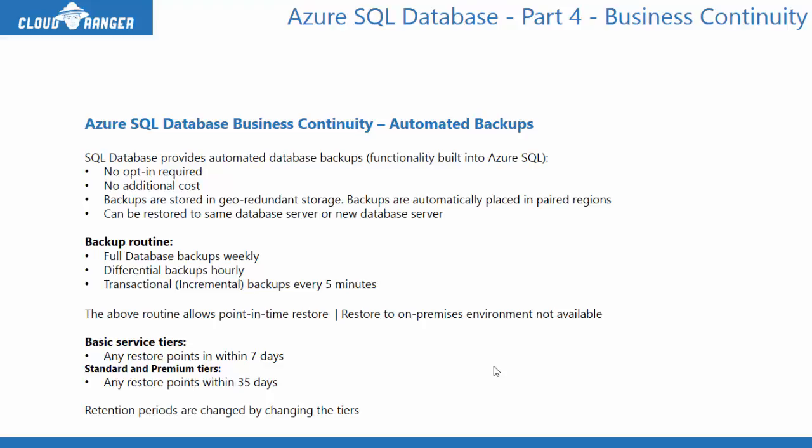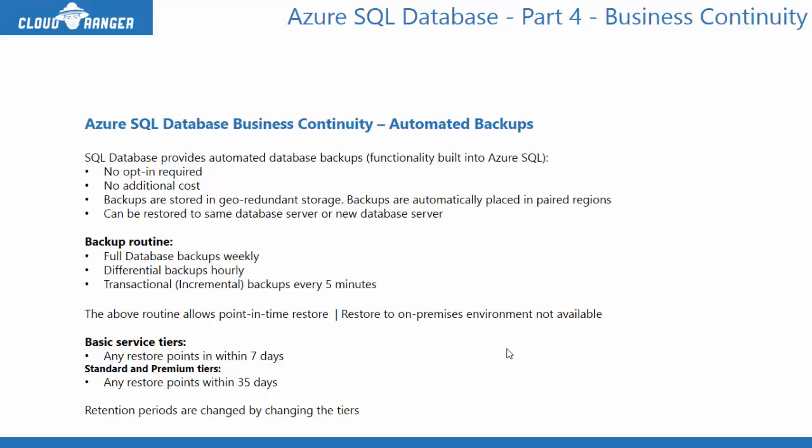As soon as you create your database, you don't have to opt in, right? Within a couple of minutes, your first full backup is taken for your databases, and it calculates that, let's say I did that at 8 a.m. and my first backup was at 8:05, then my next differential backup will be at 9:05, and transaction backups every 5 minutes. So it calculates everything after the first full backup, right? And it's already done there for you.